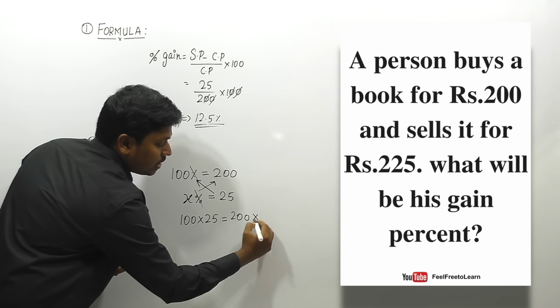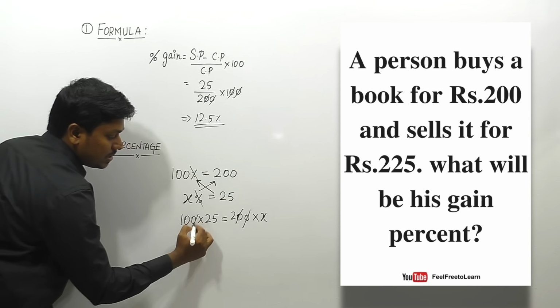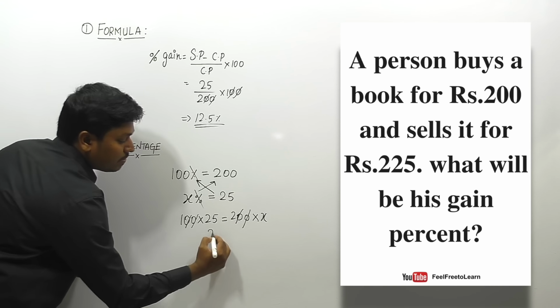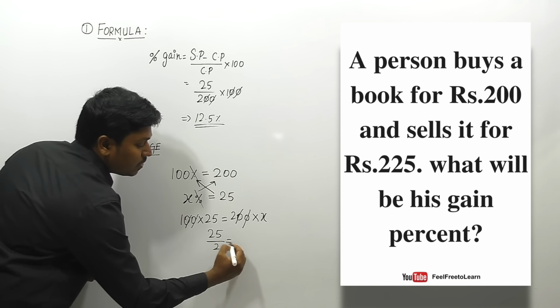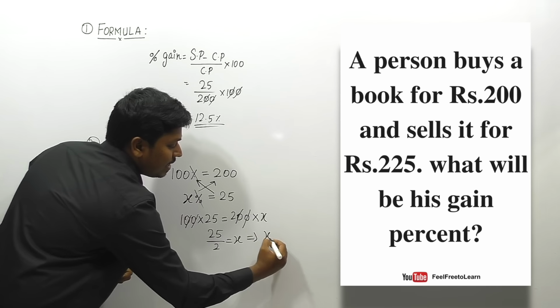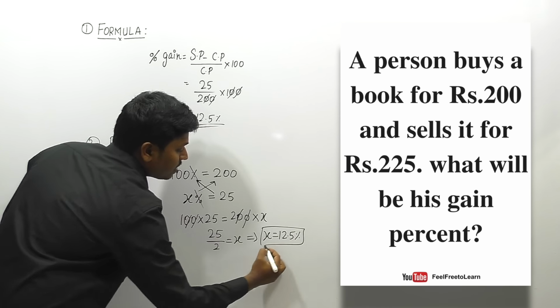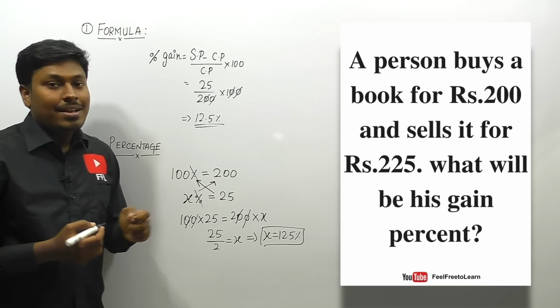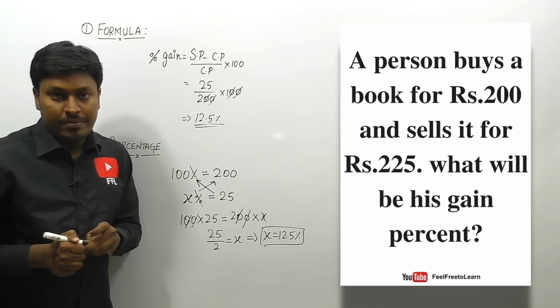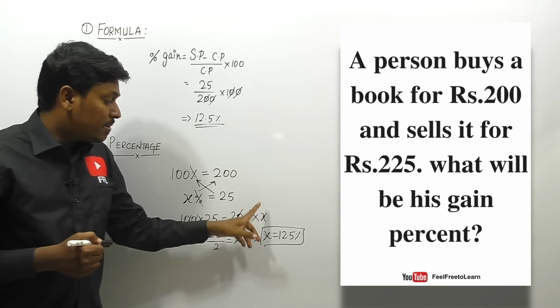So 200 into x. So we can cancel the zeros. So 25 divided by 2 is equal to x. So finally we can say that x is equal to 12.5%. So we got the answer in both the methods. Final answer, the percentage gain will be 12.5. So it's a formula method and it's a percentage method.